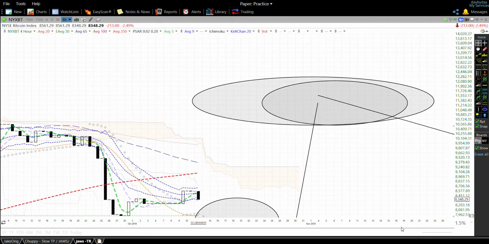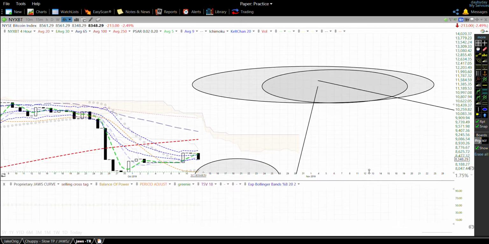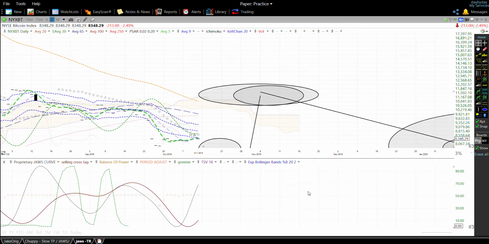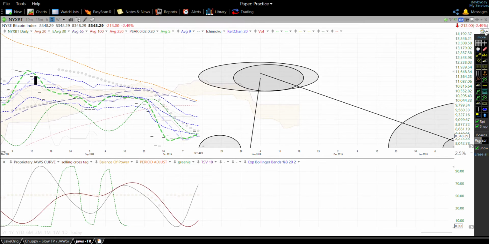So what I have here zoomed in is this particular structure. This ellipse, which is a time ellipse, a cycle ellipse, is based on my 9-day.